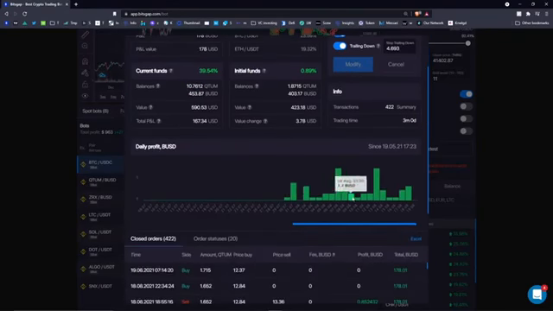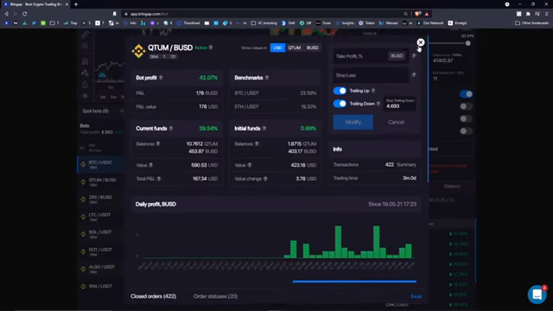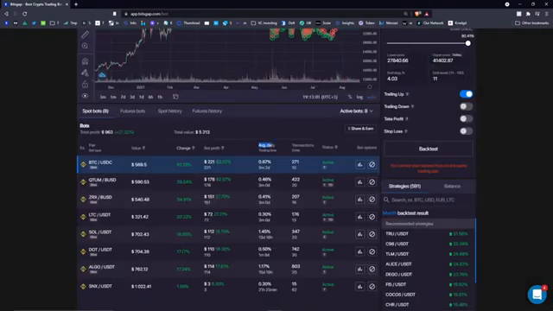And as always, you can check the performance of your bot on a daily basis. You can see the average return. It looks like around $2.5 per day. And you can also see the average daily results in percentage.